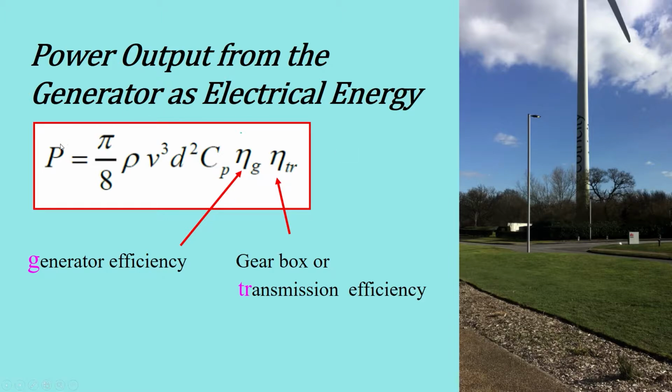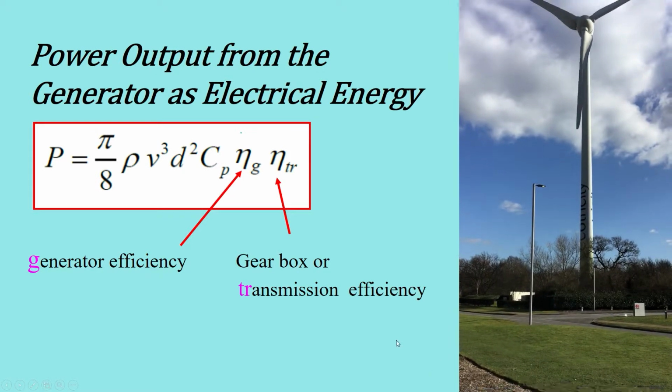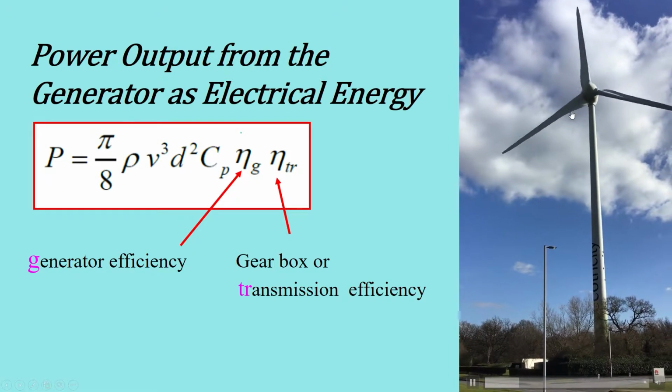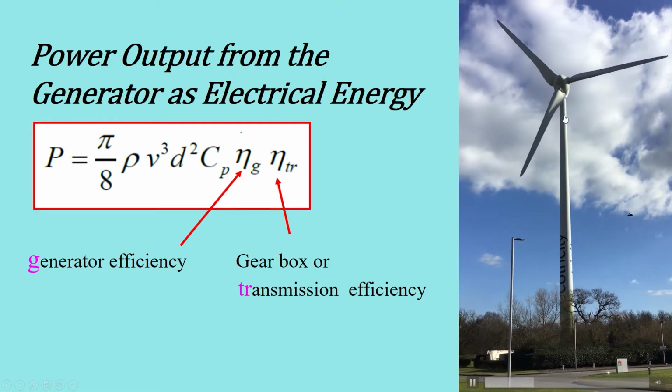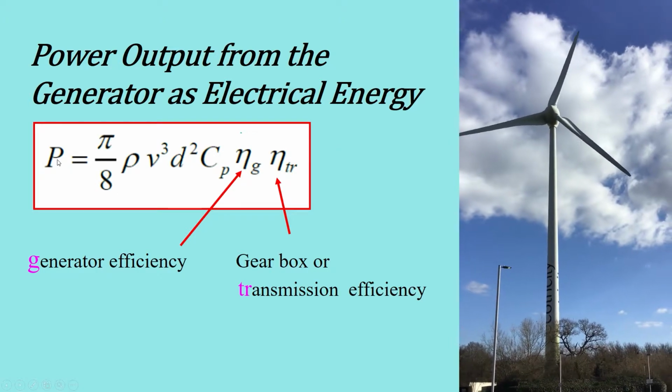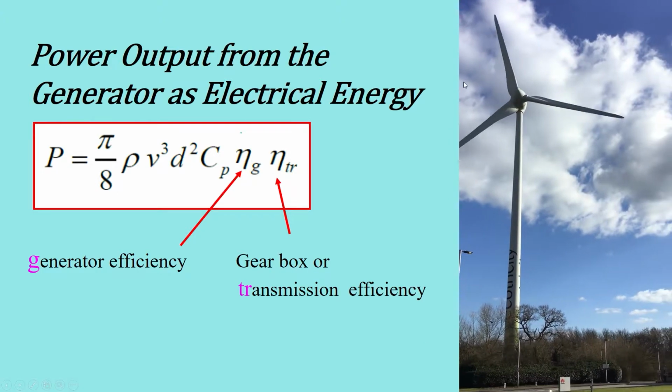So finally your electrical power in watts will be with this equation, and once you get the mechanical energy or kinetic energy from the wind, finally it will be converted to the electrical energy or electrical power as in this equation.